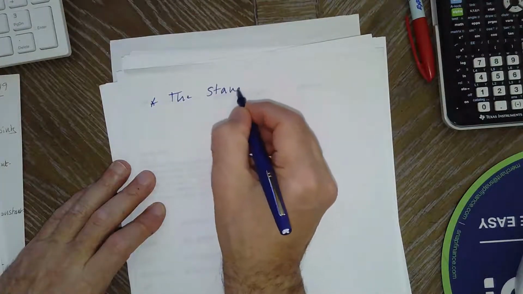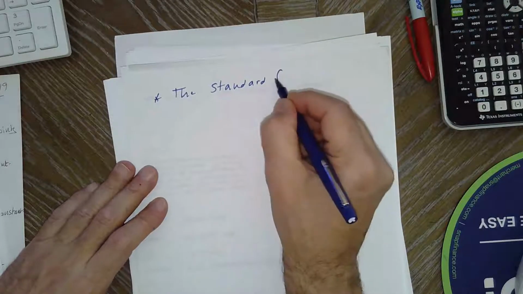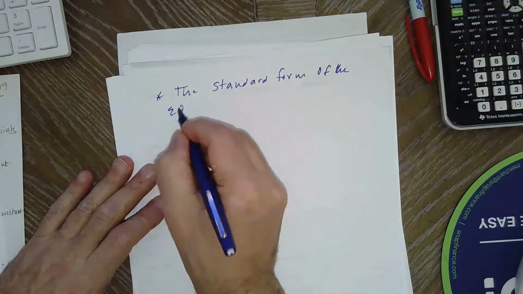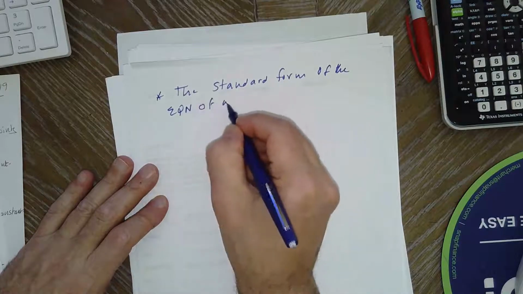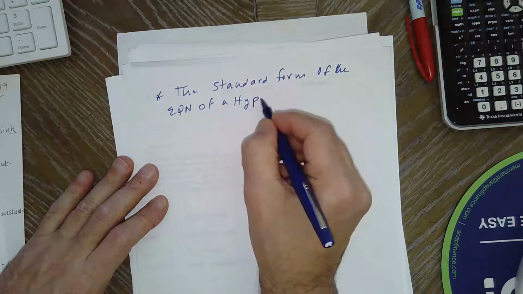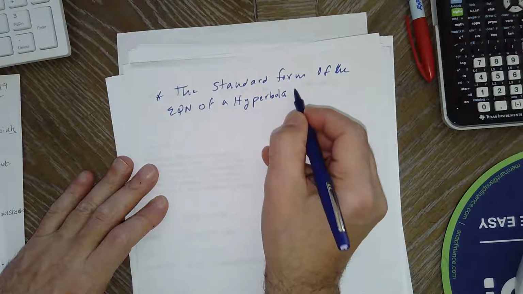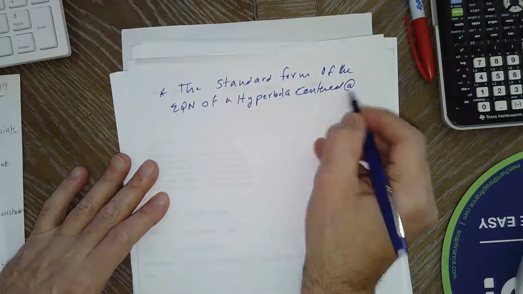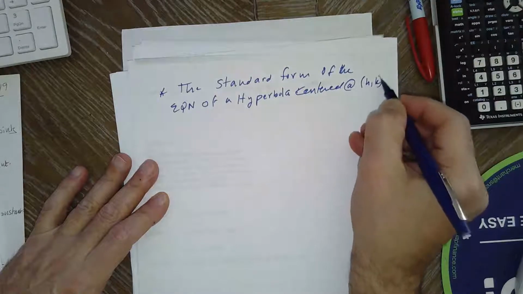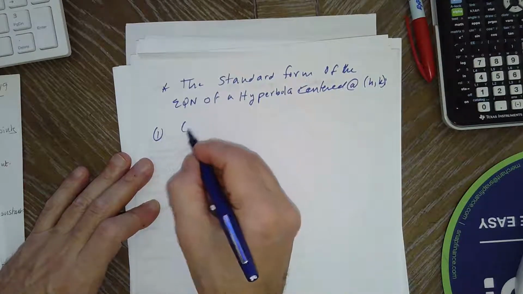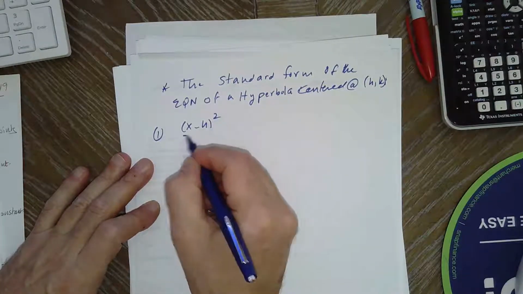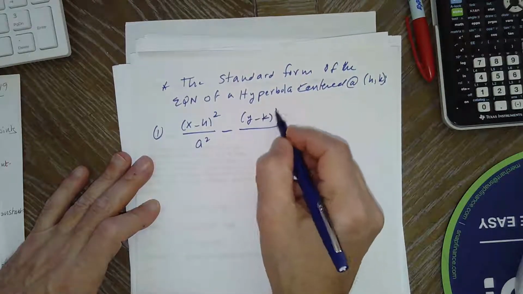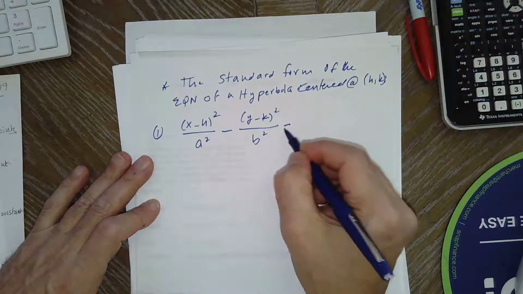Now the standard form of the equation of a hyperbola centered at (h, k) is (x minus h) squared over a squared minus (y minus k) squared over b squared equals 1.